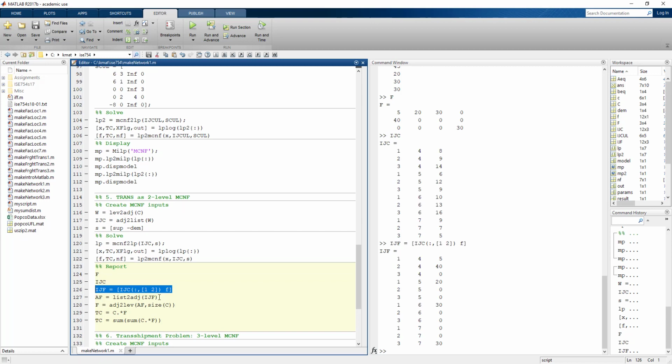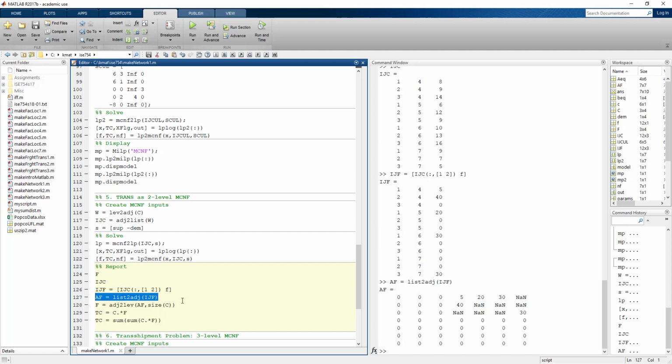And then I can use the arc list to adjacency representation. Notice that all of the zeros that were in the arc list are replaced with not a number because they really are 0.